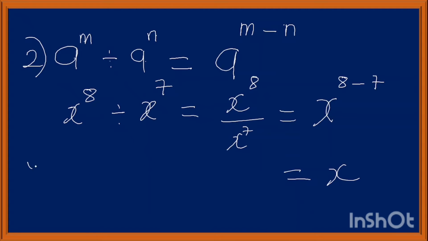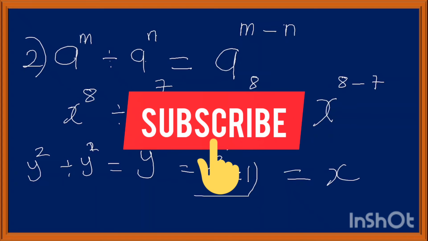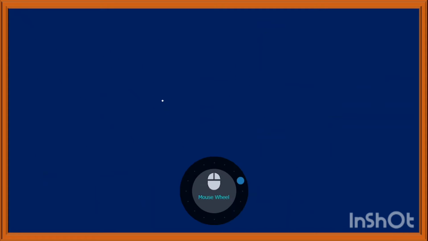If I have y raised to power 2 divided by y raised to power 2, what I have to do is to say y raised to power 2 minus 2, which is equal to y raised to power 0, and any number raised to power 0 is equal to 1. So that is just it. So all we have to do is to retain the base and subtract the power. So that's it. Let's go to the next law.